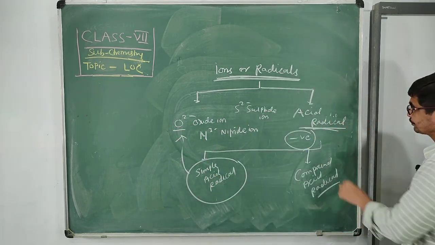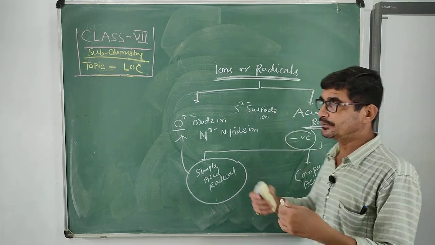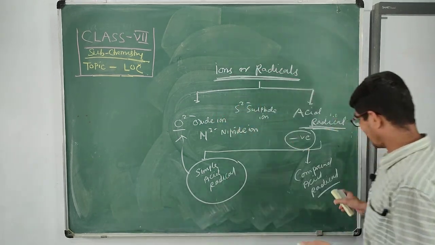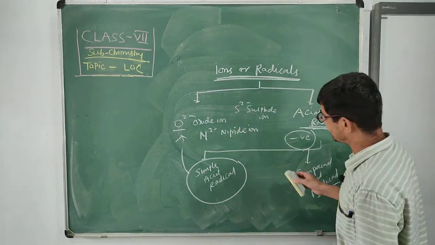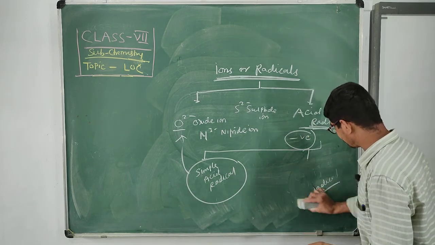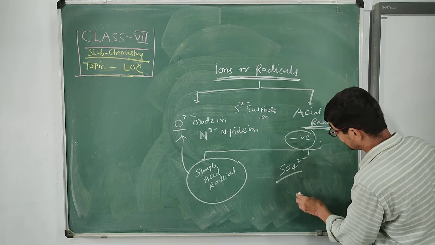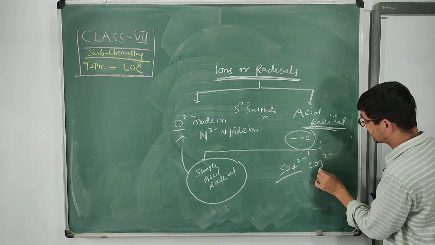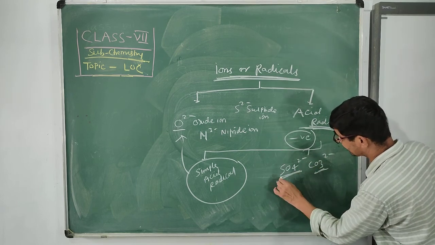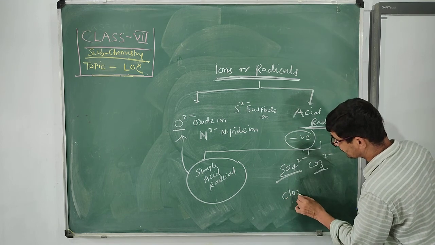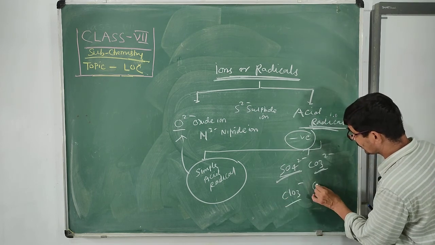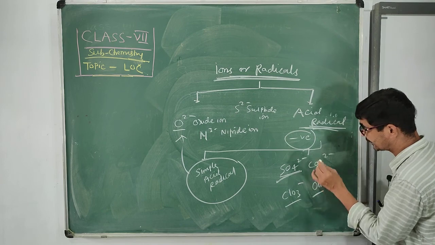On the other hand, a group of atoms carrying negative charge is called compound acid radical, such as sulfate ion SO4 2 minus, carbonate ion CO3 2 minus, ClO3 minus for chlorate ion, OH minus is called hydroxide ion.